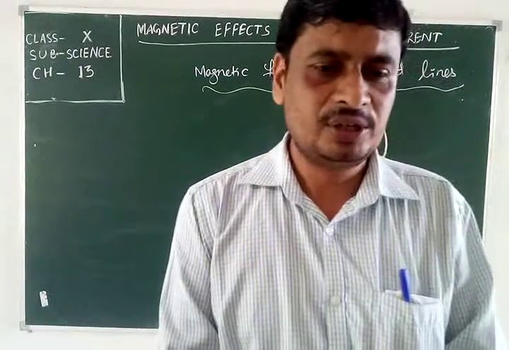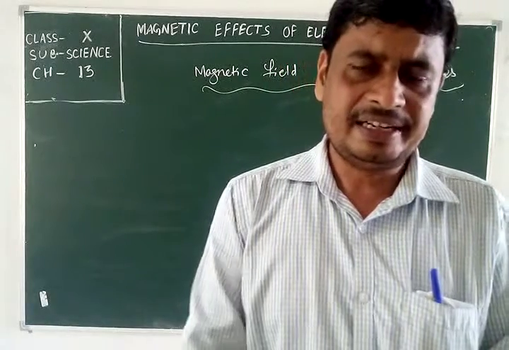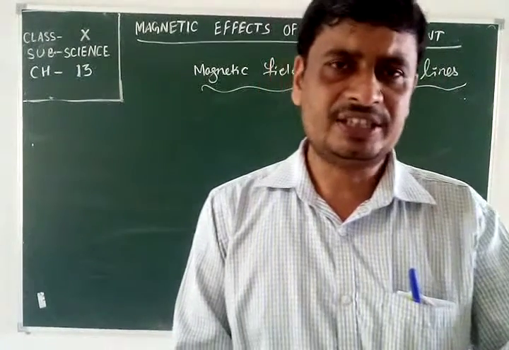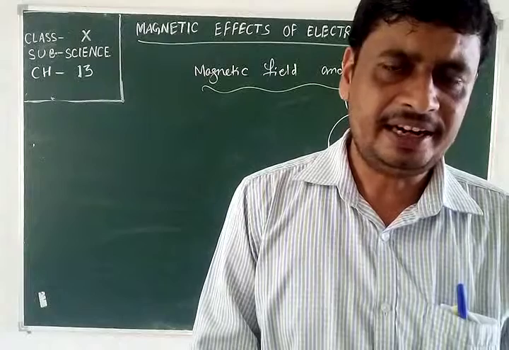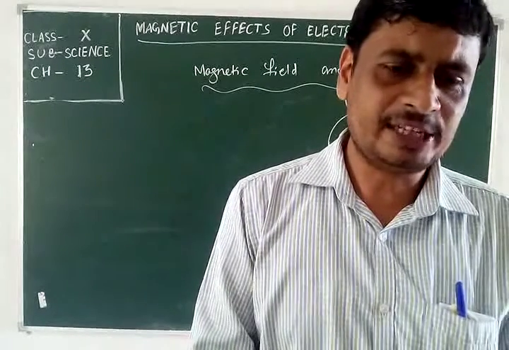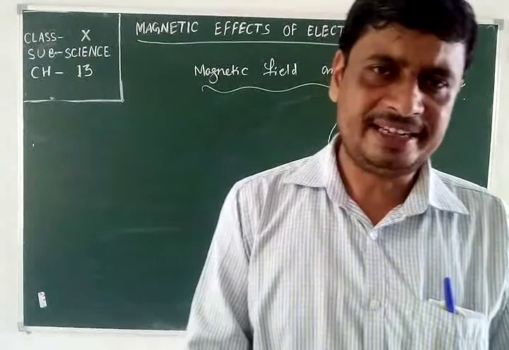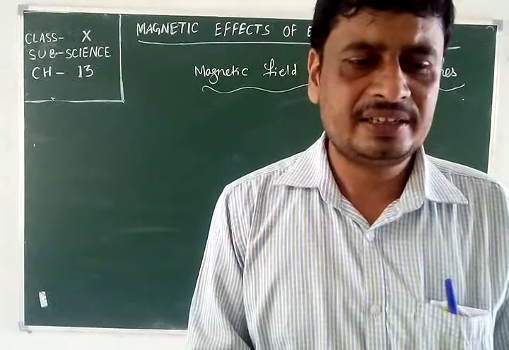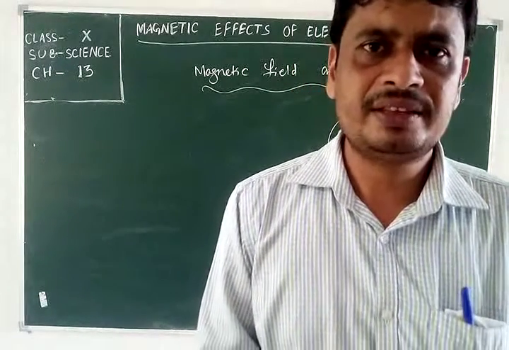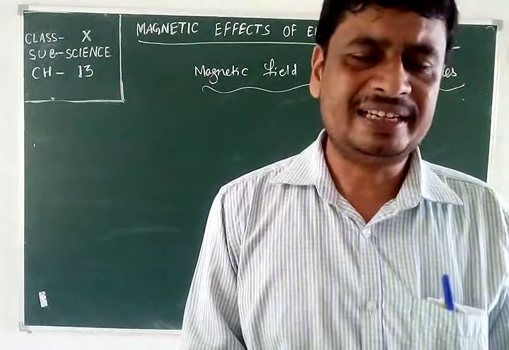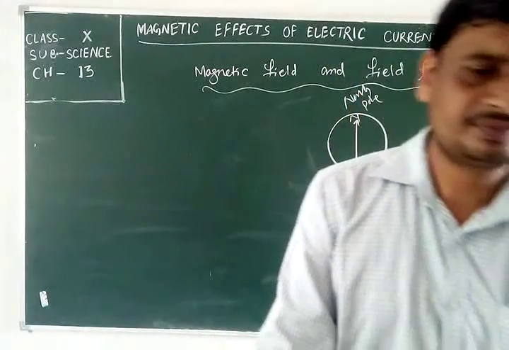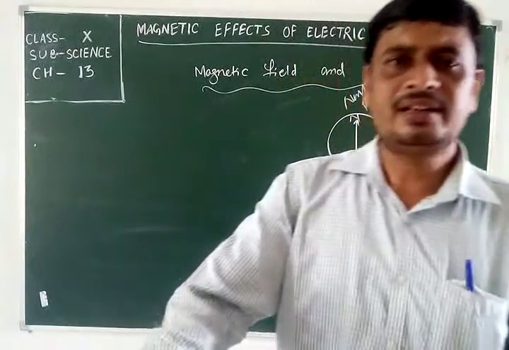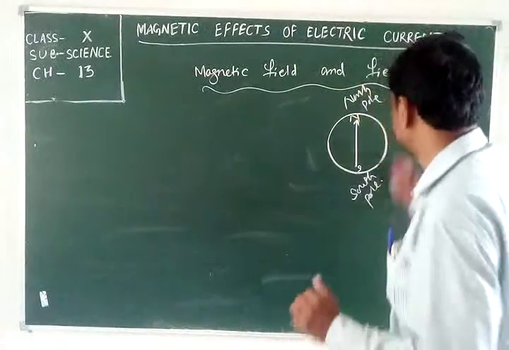But when iron filings are placed on a plane and a magnet is placed on them and we tap that plane, we will observe the iron filings arrange themselves in a certain pattern. How do they arrange themselves?